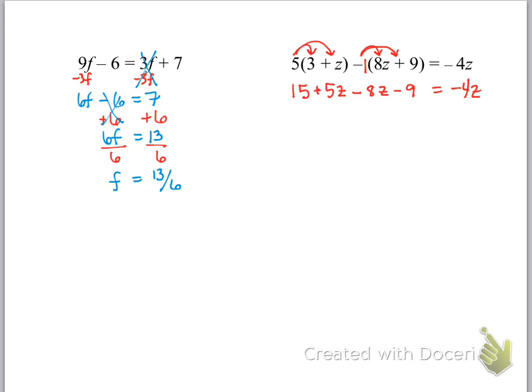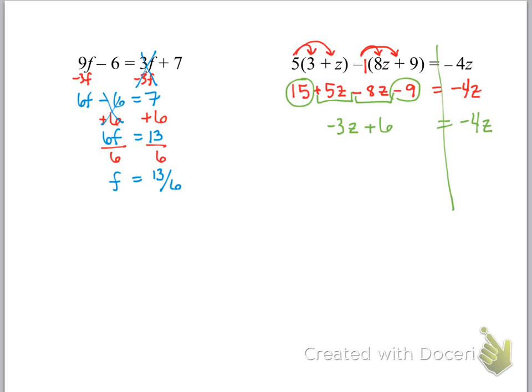Now I need to simplify each side. So looking at the left side here, I can see that I can combine 5z and negative 8z. That'll give me negative 3z. I can also combine 15 with negative 9. That'll give me 6. And on the right side, I still have negative 4z.